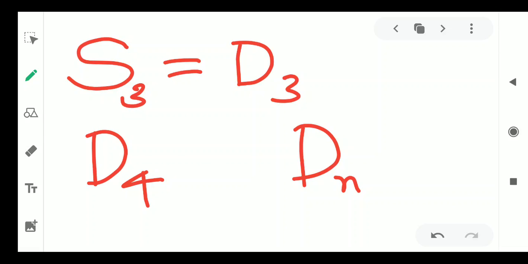Then D4 deals with the symmetry of a square, a four-sided figure. Dn generally deals with the symmetry of a regular n-gon, D5 a regular pentagon, D6 a regular hexagon, and like that it goes. Anyhow, let's start with S3.